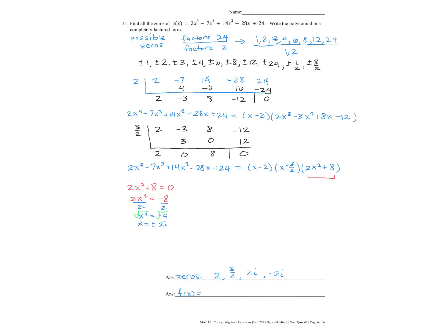I did it right here at this step. So I have to make sure I account for that. So I have to multiply my answer by a 2 to balance it out. And then I've got my x minus 2, my x minus 3 halves, my x minus 2i, and then x plus 2i when I do the minus negative 2i.